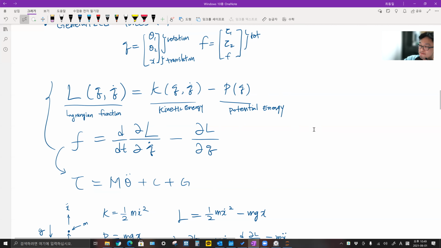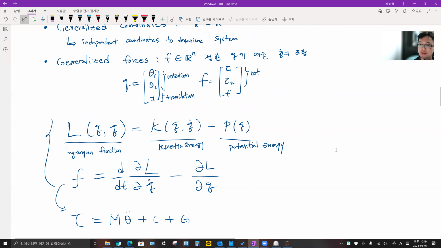Actually, if you are majoring in mechanical engineering or similar, you might have learned about the Lagrangian formulation already.